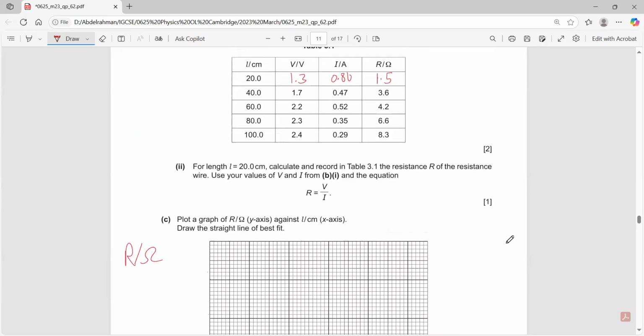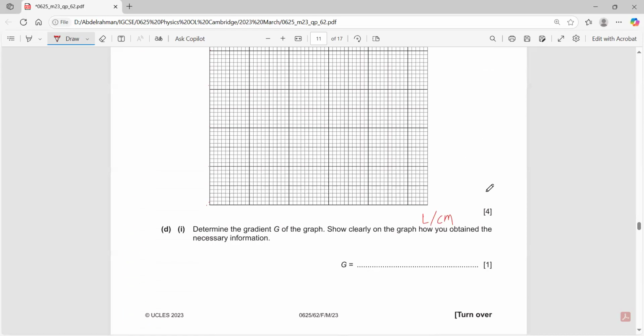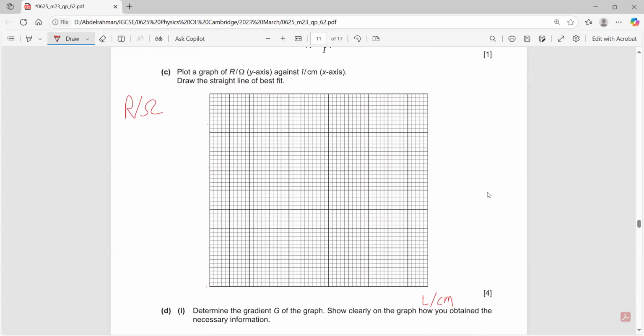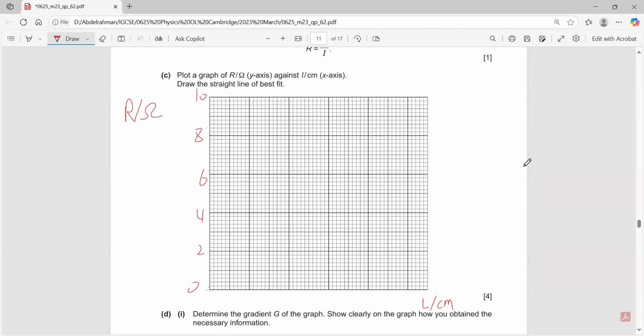Or you can start with 0, which might be acceptable: 0, 2, 4, 6, 8, 10. You have from 1.5 all the way to 8.3, so this is an okay scale.